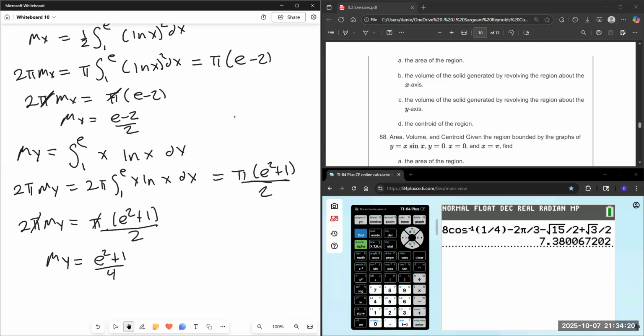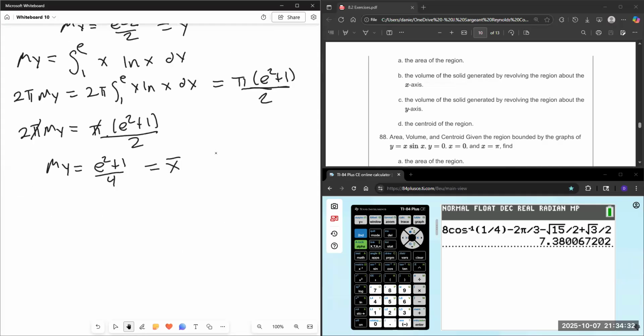Because my m is 1, my mx here is my y bar, and my my is my x bar. So I have my centroid here, x bar, y bar, of e squared plus 1 over 4 and e minus 2 over 2.